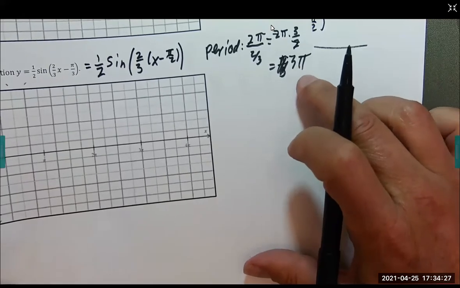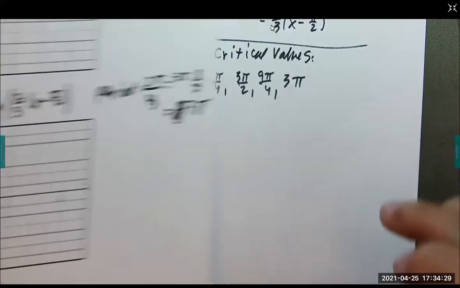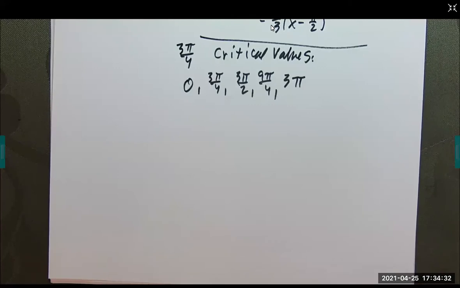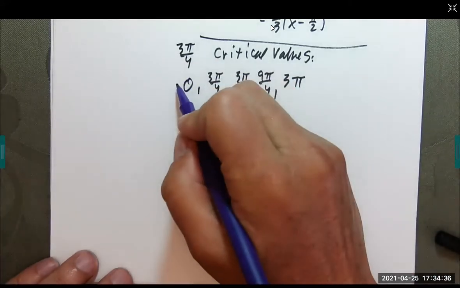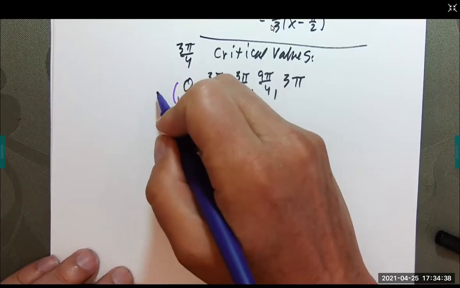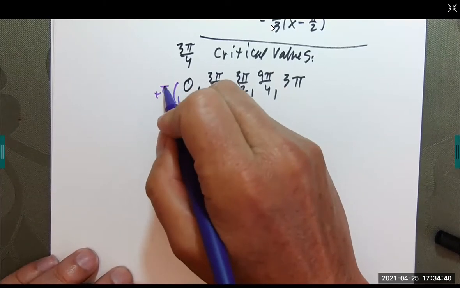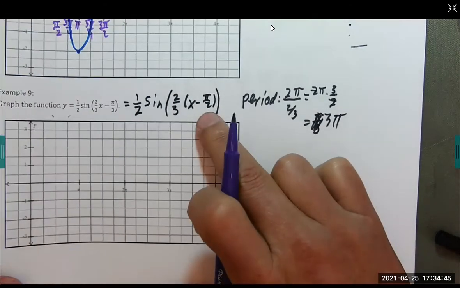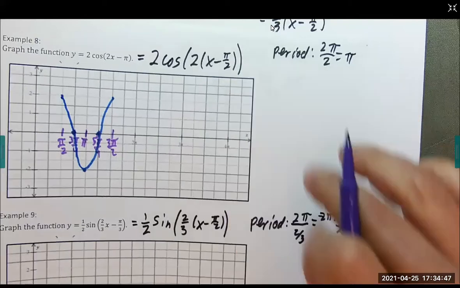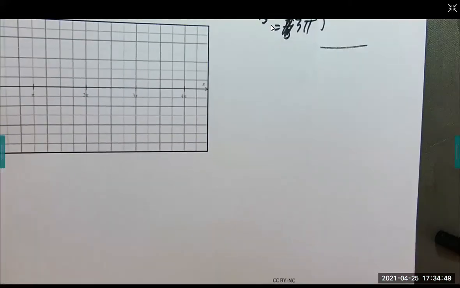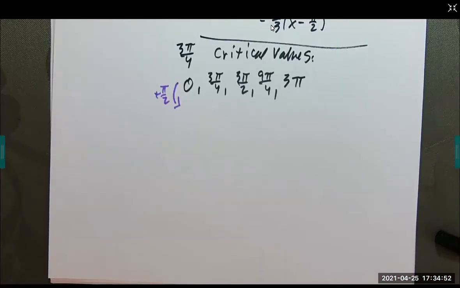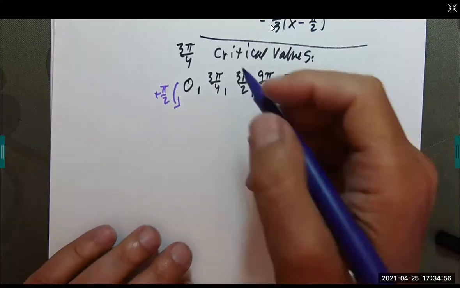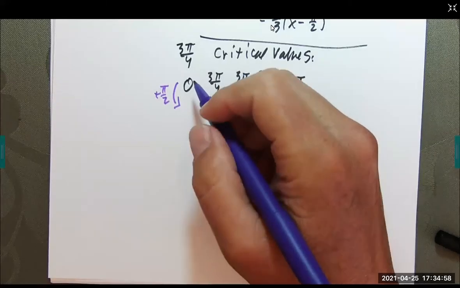But now we have to deal with the phase shift. So to deal with the phase shift, what we're going to have to do is once again add, in this case, again, pi over 2. That is from right there. Happens to be the same as that one. It's not always pi over 2. It happens to be the same in this case. As I add these pi over 2 to 0, I get pi over 2.